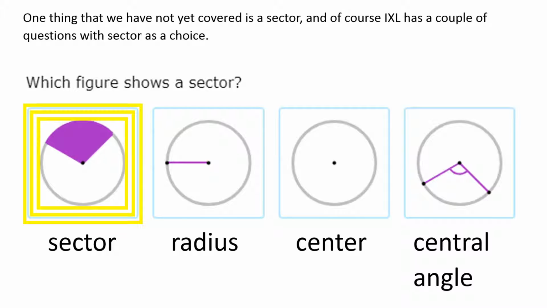All right. I think all the rest of the vocabulary that's going to show up in the IXL we've covered. You know what a radius looks like, you know what the center of the circle looks like, you know what a central angle looks like. The sector is the one thing we've not done. That's actually an area of the interior of the circle.